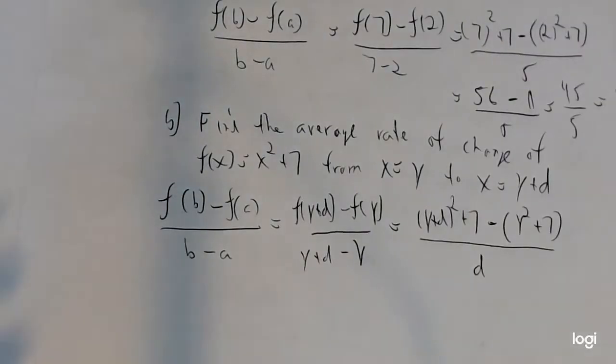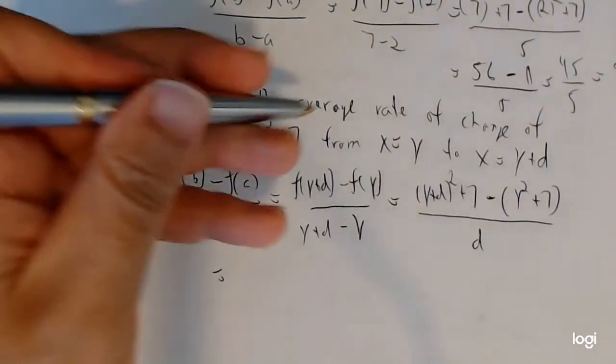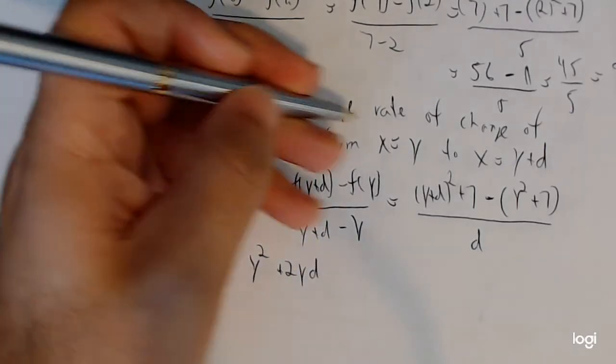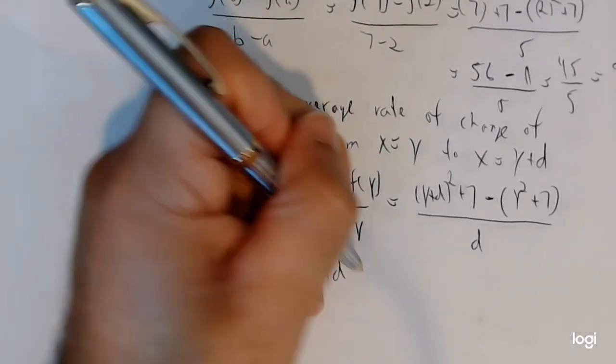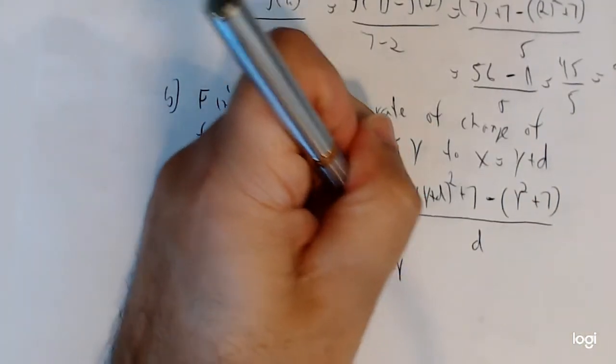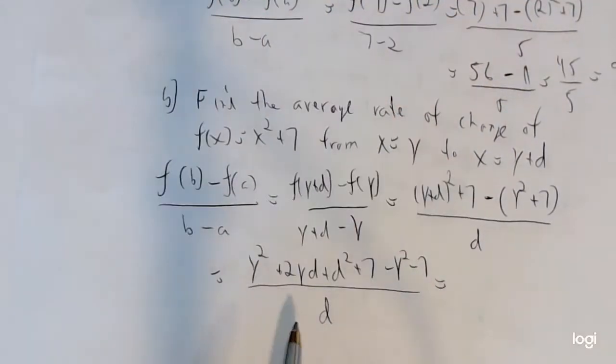Okay, so then if I simplify this, what's y plus d times y plus d? We have to FOIL it out. That becomes y squared plus 2yd plus d squared plus 7, and I'm going to distribute this negative, which is minus y squared minus 7, all over d. Now I can simplify a little bit.